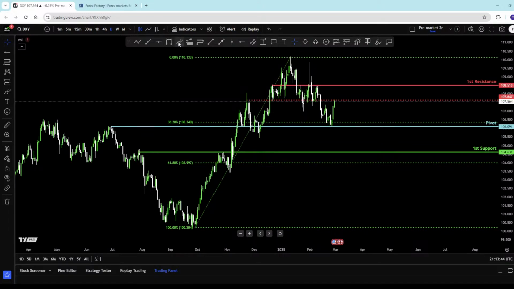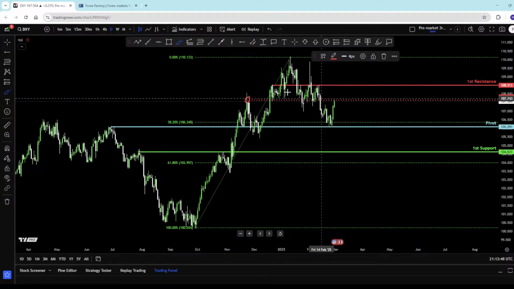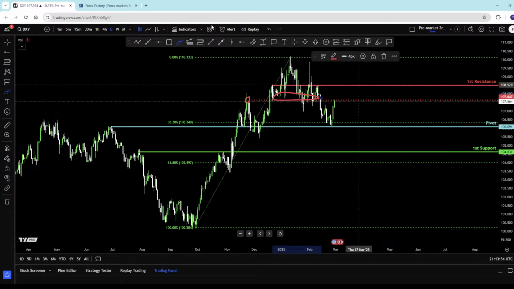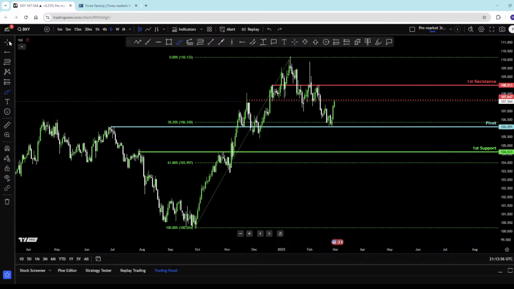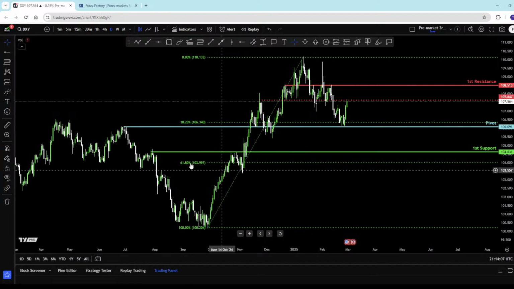Okay, because in this area you can see I have a swing high and a whole bunch of swing lows in this area, kind of testing that intermediate level. Okay, next.